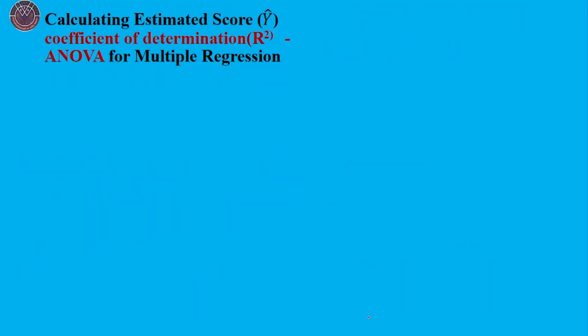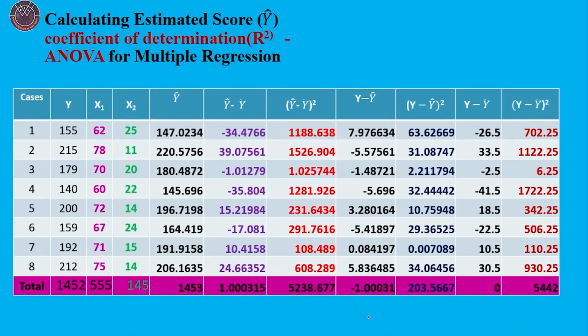So in the next step, we have to calculate the coefficient of determination, and for that we first have to get the ANOVA table. So just try to see, this is our case. We have got 8 observations.